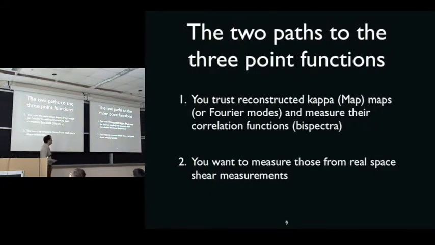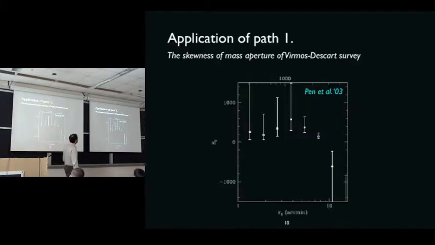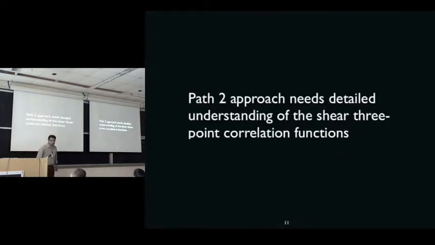There are also two components of the shear correlation function, and you don't have to reconstruct the maps to get to the correlation function. Just one aside: if you trust the data reconstruction, then you can actually show that you have a non-zero skewness in the already old surveys. So it is there.